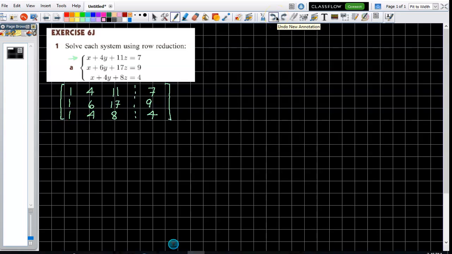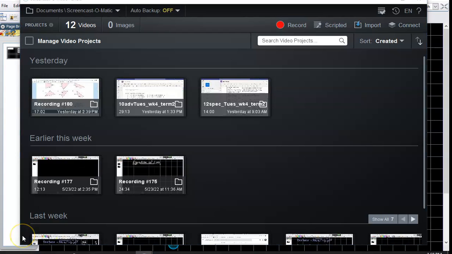Your notation is incredibly important, so do not skip that. Okay, so we've got row 1, we've got row 2, we've got row 3. People are still writing, so I'll just pause for a minute.